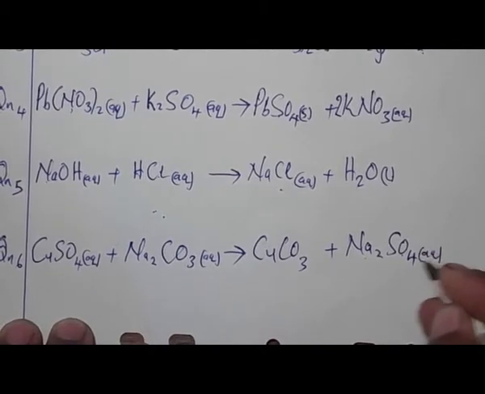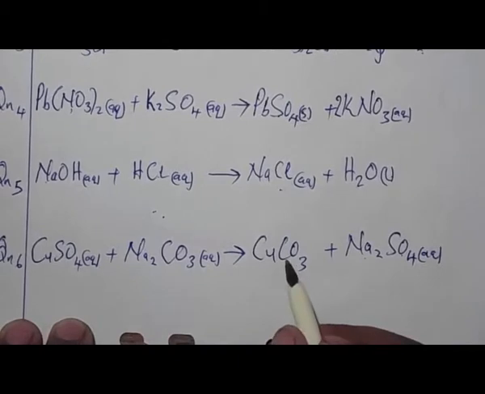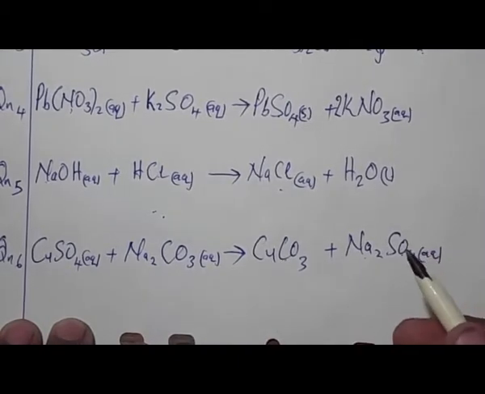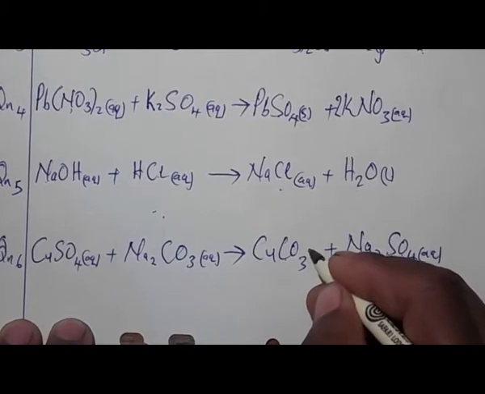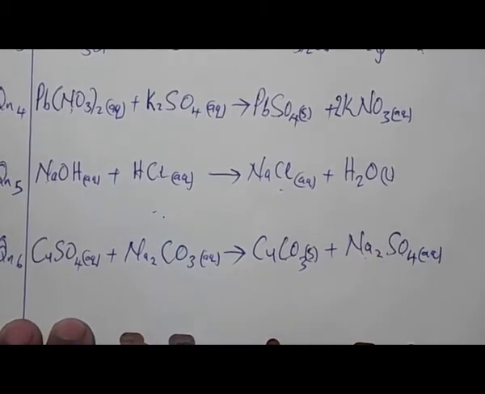So this is aqueous. All carbonates are insoluble apart from those of group 1 elements and ammonium, so this is solid. Balanced? Look at it. Where do we need to put what?